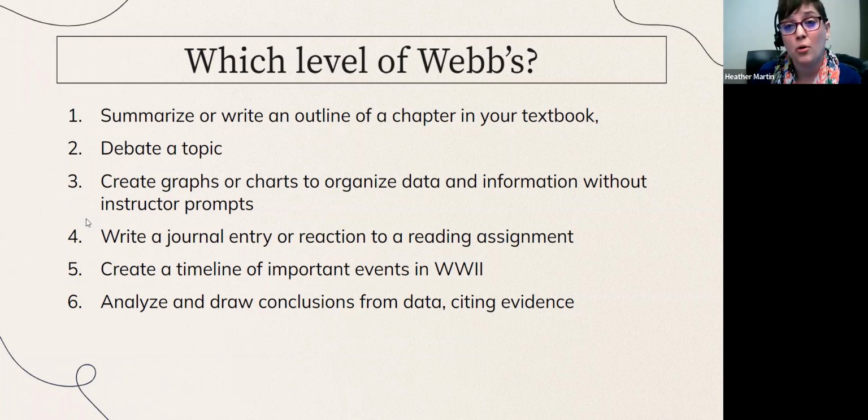If you are having them pull from different sources, or you are having them distinguish which events are most important and defend which events are most important, then absolutely that increases the rigor tremendously. And then the last one, analyze and draw conclusions from data, citing evidence. Yeah, lots of 3s and 4s.